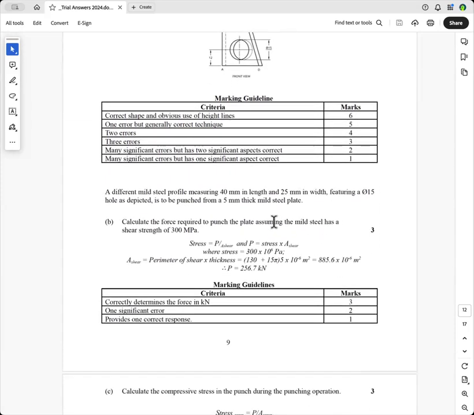Next question. A different mild steel profile measuring 40 millimeters in length and 25 millimeters in width, featuring a phi 15 hole as depicted, is to be punched from a 5 millimeter thick mild steel plate. So the plate has got to be cut. It's not just the hole.